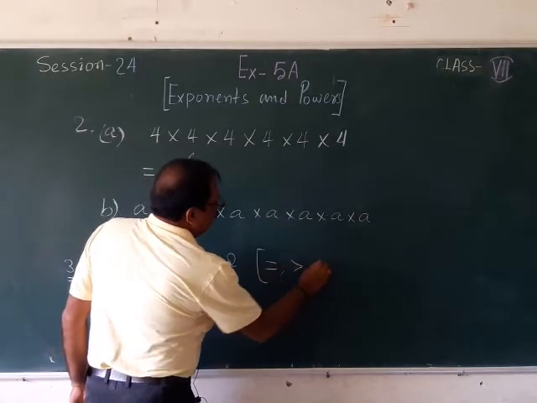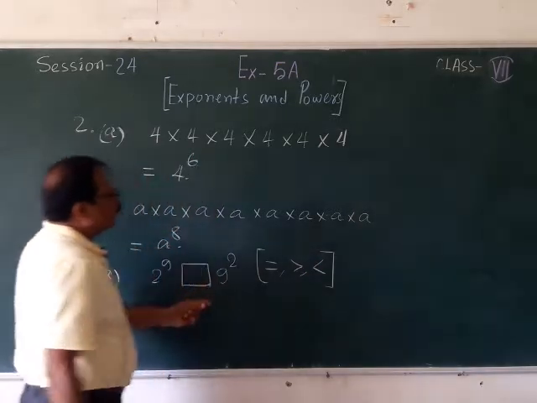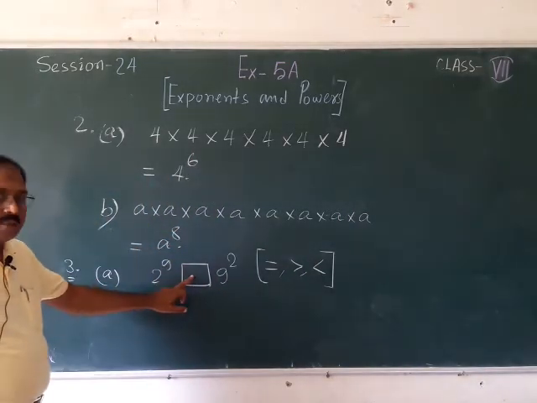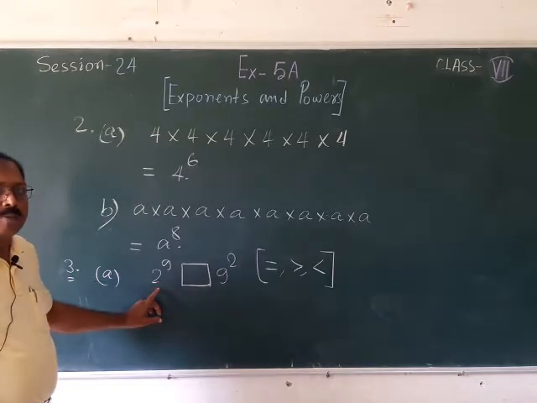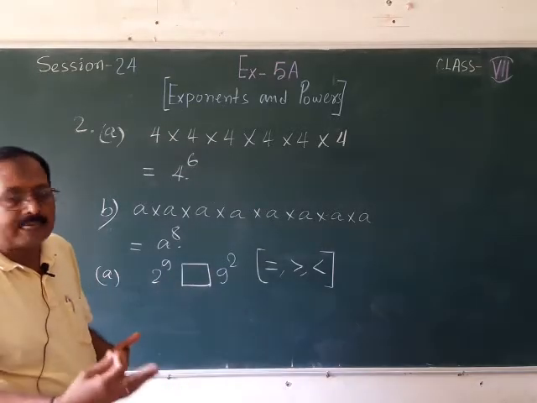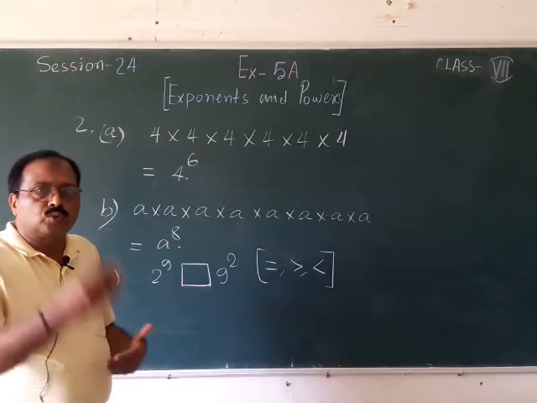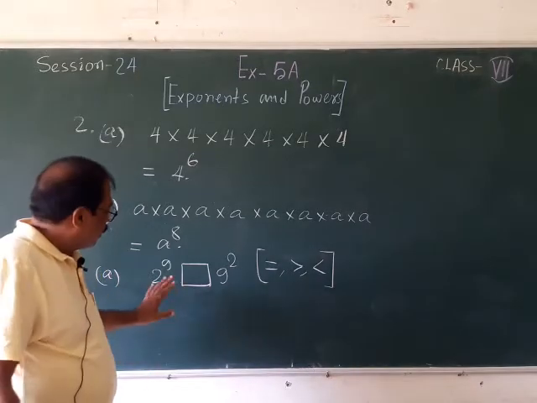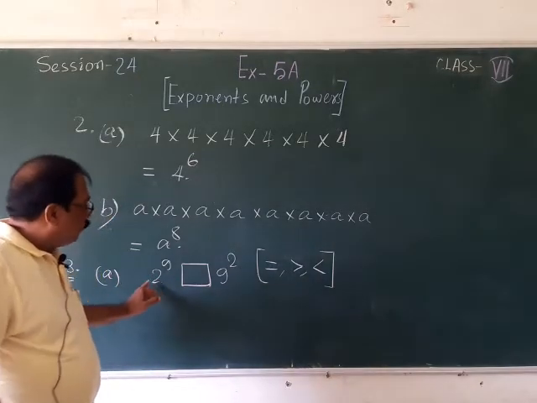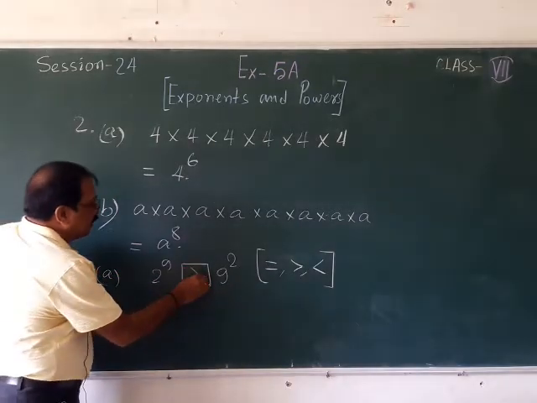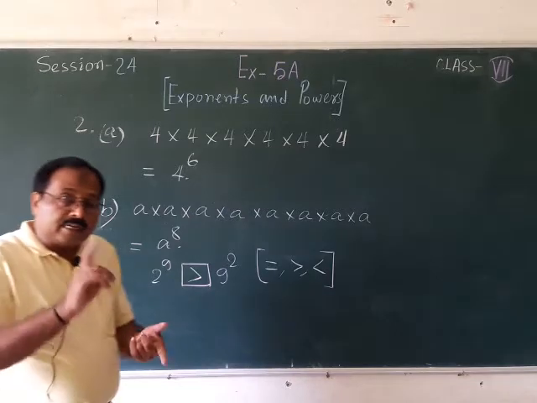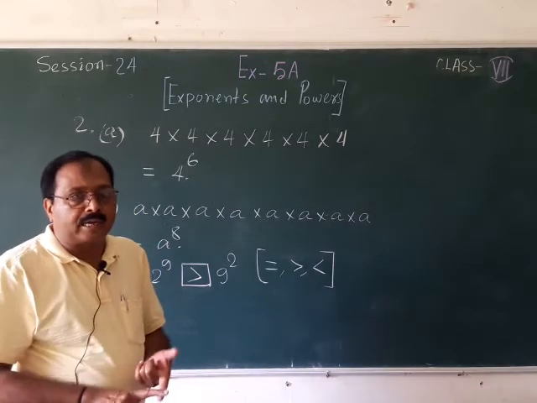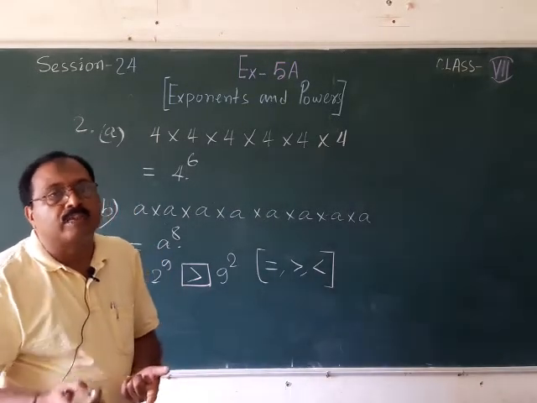So you may have the question, which sign you will fill in this blank. When you go to the rough side, multiply 2 into 2 into 2, 9 times, then you will see that the value of 2 to the power 9 is greater than 9 to the power 2, because 9 to the power 2 means 9 into 9, which will give you 81.